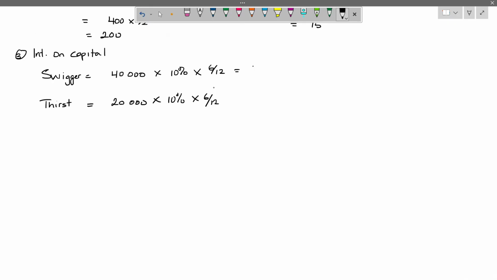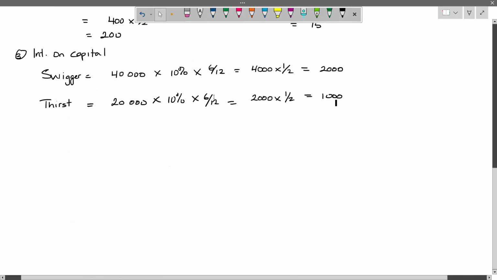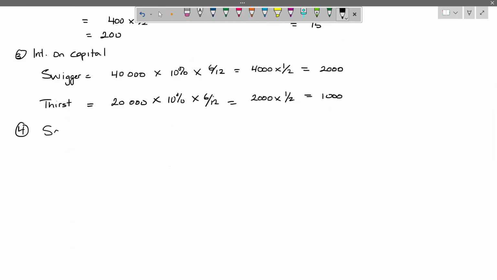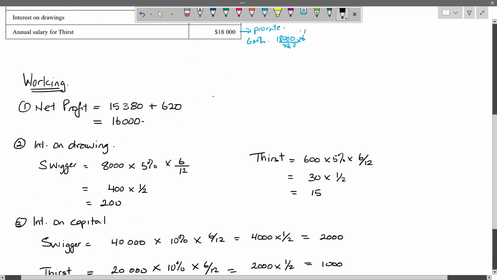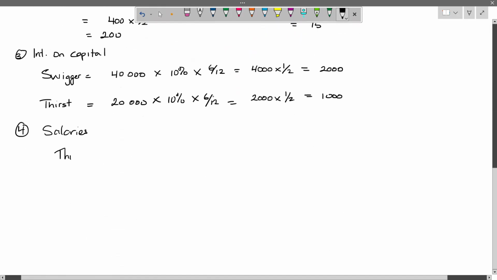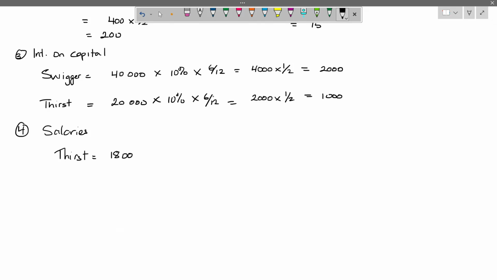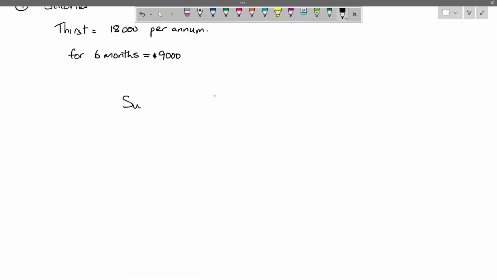So this will work out to be 4,000 by a half, and this is 2,000 by a half. 2,000, 1,000. Salaries is another one we need to work out. So this was 18,000 per year. Right, so for 6 months, 9,000.